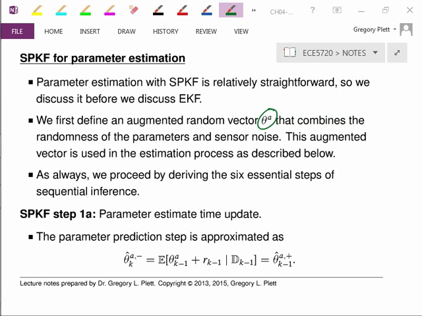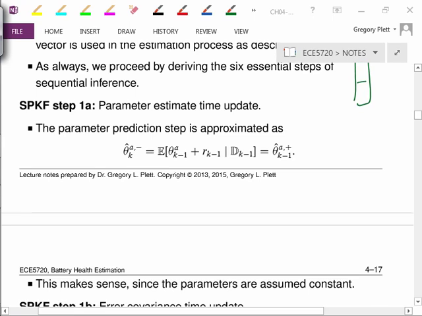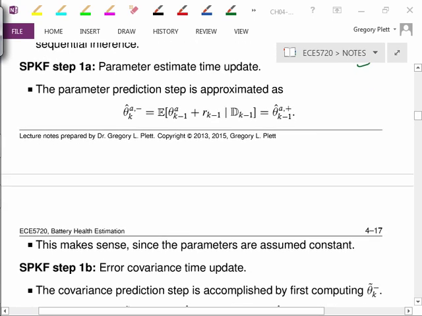Whatever randomness we need to model, we put together in this augmented vector in different sections. And then we'll see how that impacts the 6 steps. So we're going to look, as always, at the 6 steps of sequential probabilistic inference and adapt them to a sigma point Kalman filter methodology for estimating the parameters.